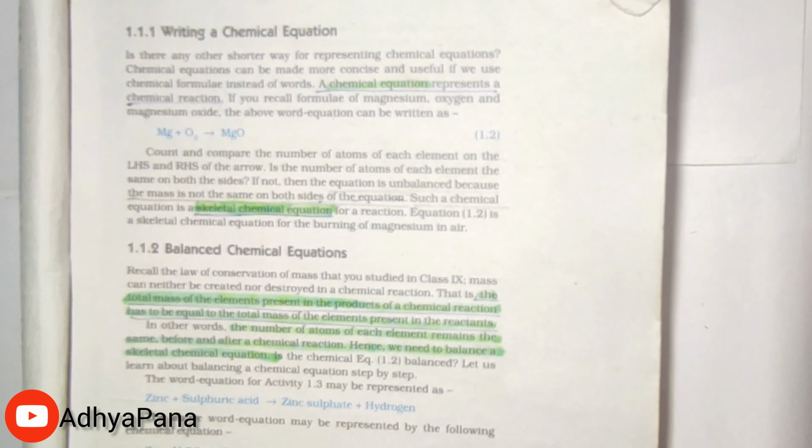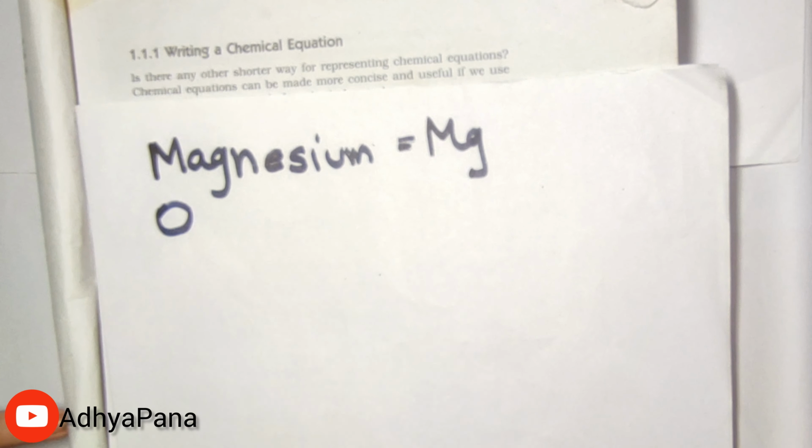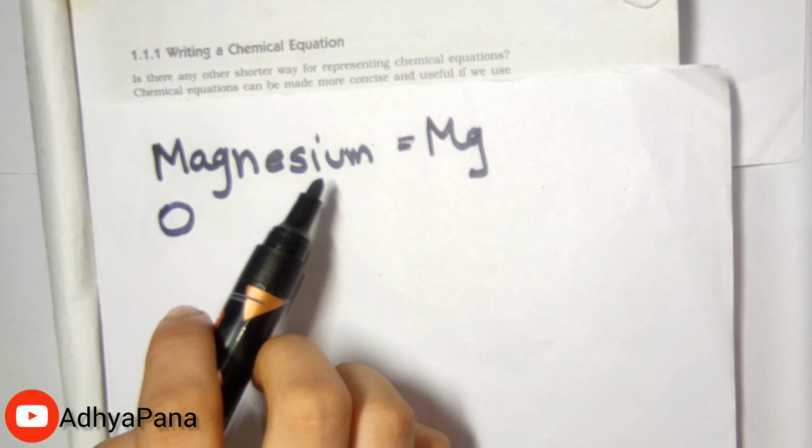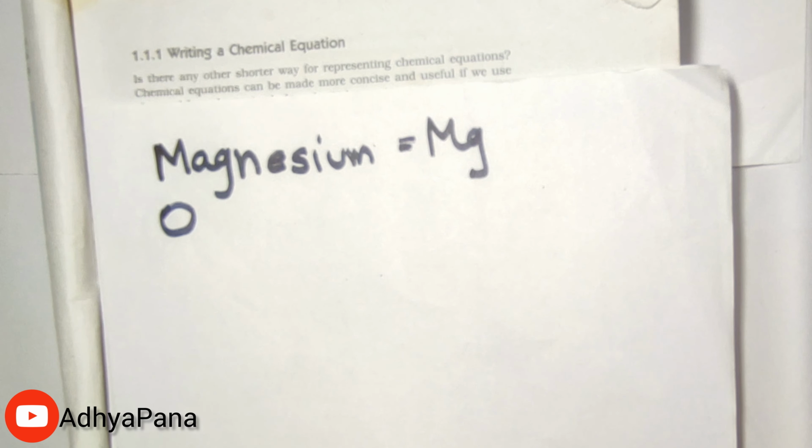And word equations. A word equation is an equation in which you write the names of the elements, and with the help of an arrow we indicate that these two reactants undergo reaction to form the product. Now, writing a chemical equation. For example, we won't write magnesium for writing a chemical equation.